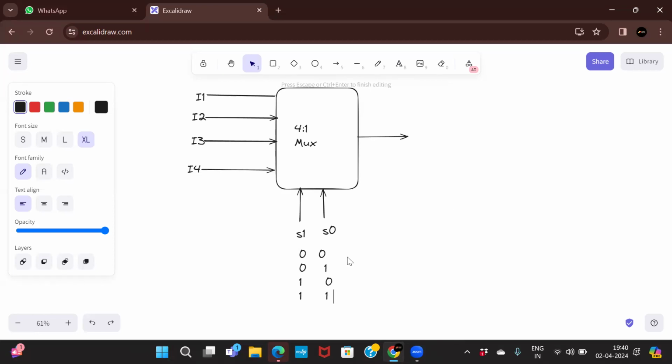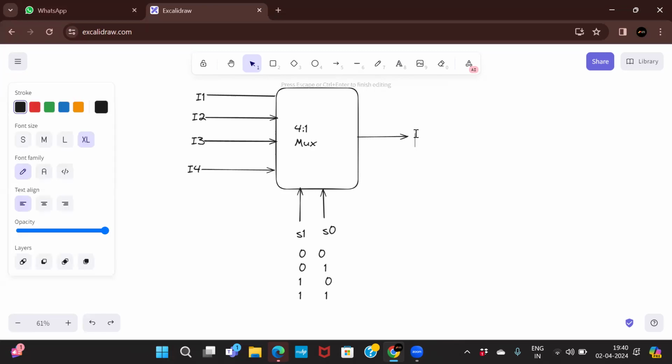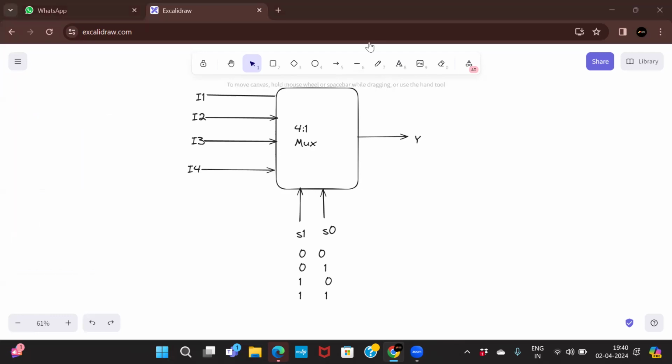And generally, you know, where there is 0, we write S bar, the S complement. See, I'll explain the working principle of this.